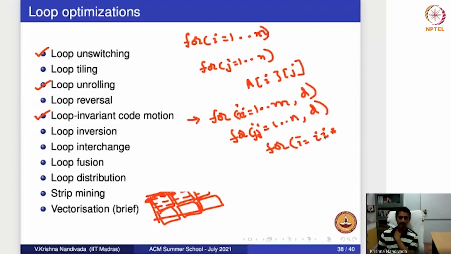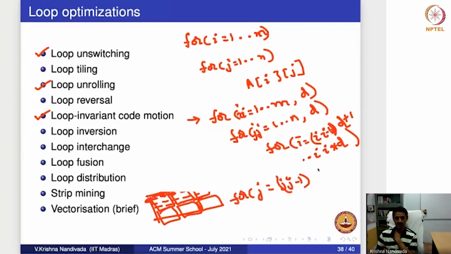So first time it should go from 1 to D, so from (II minus 1) times D plus 1 to II times D. So I goes from (II minus 1) times D plus 1 up to II times D. Similarly, the J loop I'm writing here: J varies from (JJ minus 1) times D plus 1 up to JJ times D. And then the same statement S remains here.